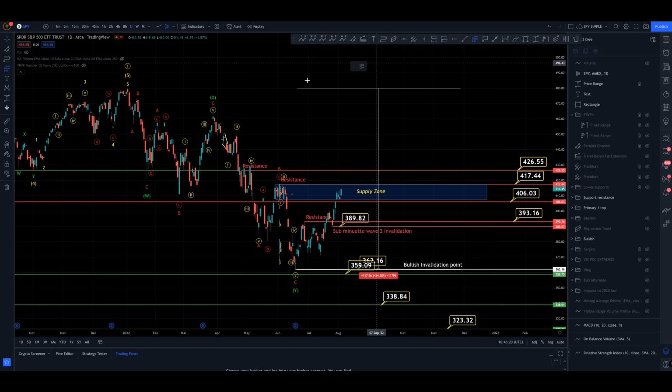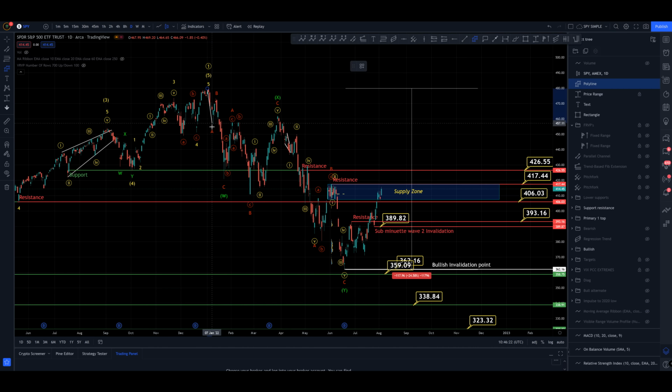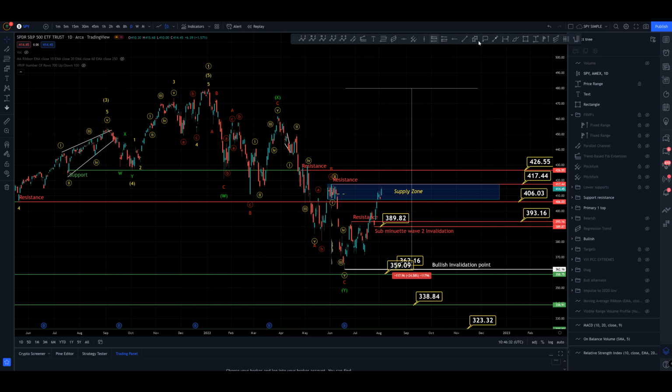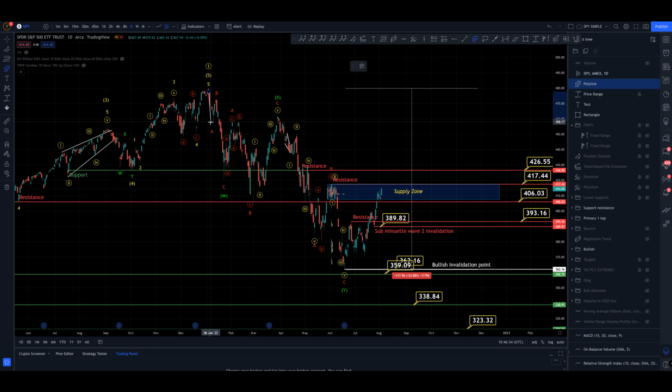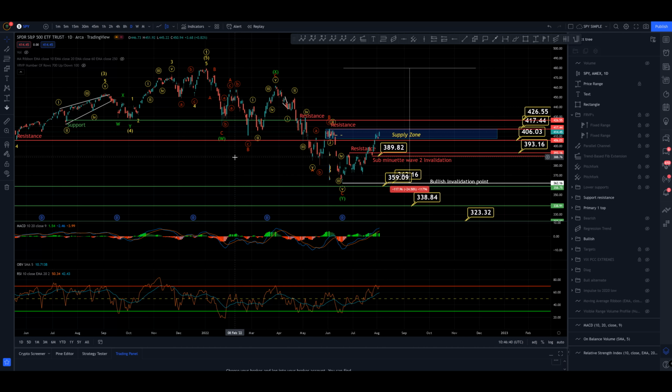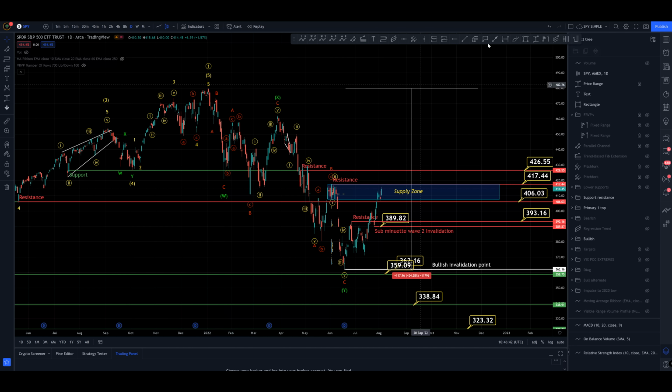So, from the high, we get a zigzag, not 5 waves. We can come in here, and I have done in the past, and look at it, this is 3 waves, not 5. Trying to blag this as 1 and 2, and then this is 3 and 4, is nonsense. So that's 3 waves.